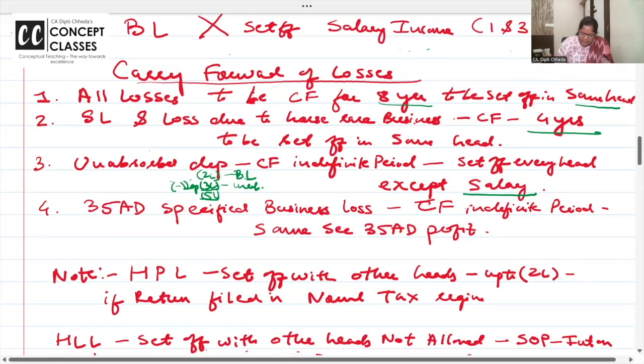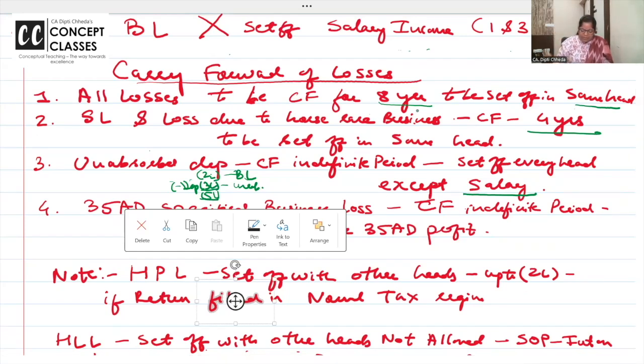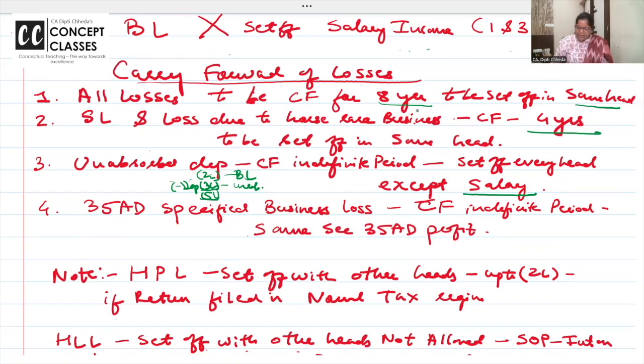Now, 35 AD. You remember 2-star and above hotel, multi-speciality hospital, redevelopment of slums and all. This 35 AD loss can be carried forward for indefinite period to be set off in 35 AD only. There could be a change of the business and all, that earlier you were in hotel, now you are in scientific research, production of fertilizer, okay.